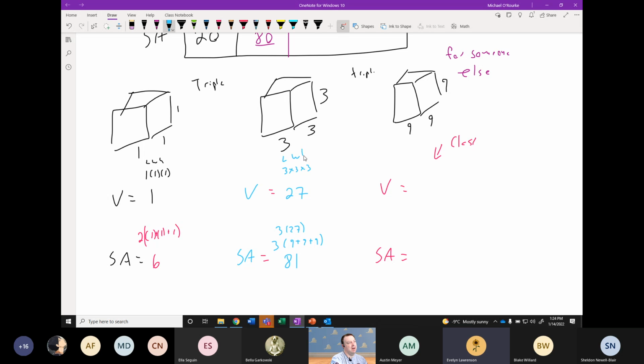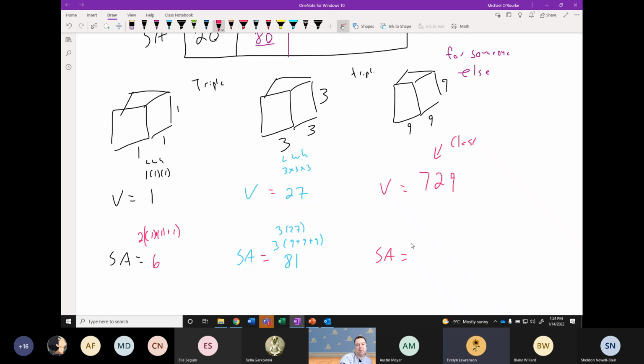This is length times width times height. 729. Good.